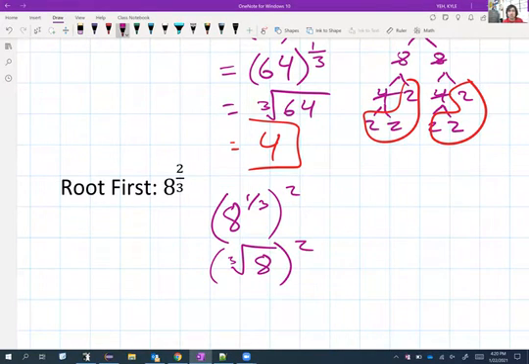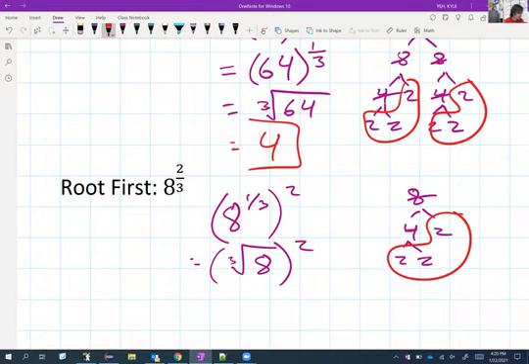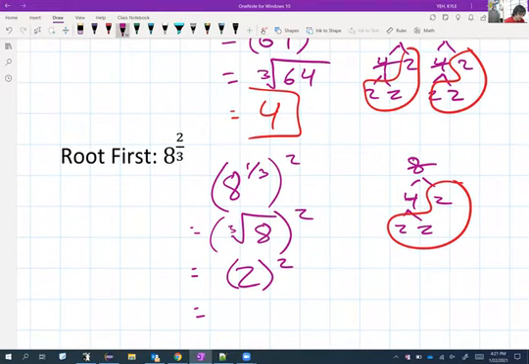What is the cube root of 8? 8 to the 1/3 power equals the cube root of 8. 8 is 4 times 2. That's 2 times 2. So we have a group of 3, nothing left over. The cube root of 8 is just 2. And 2 squared, you guessed it, will give us 4.